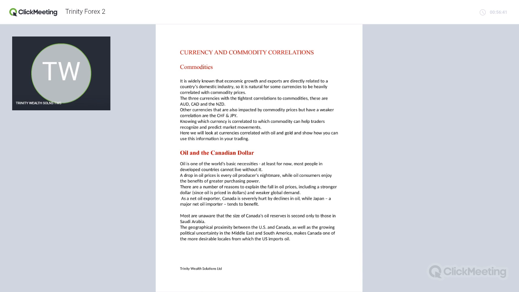So knowing which currency is correlated to which commodity can help traders recognize and predict market movements. Here we will look at currencies correlated with oil and gold and show how you can use this information in your trading. Like oil and the Canadian dollar, we already said that when oil is going up, we expect the CAD to strengthen, to go up.